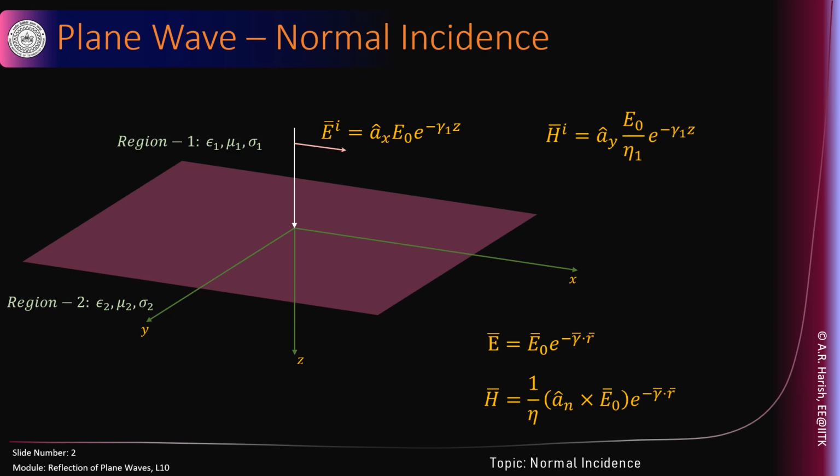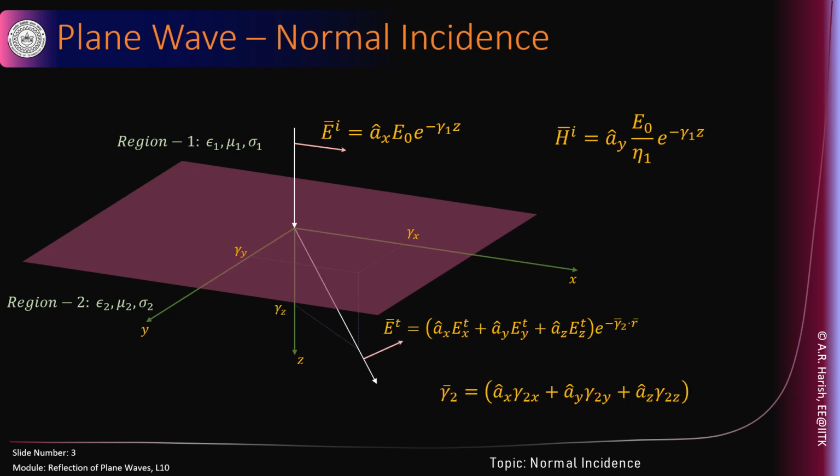Well, we know the fields of the plane wave which is normally incident on this surface, which forms the interface between two regions, and the surface occupies the z equal to 0 plane. Now, what do we do next?